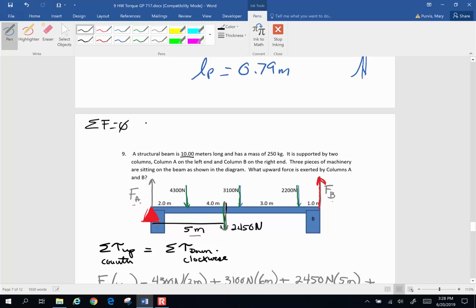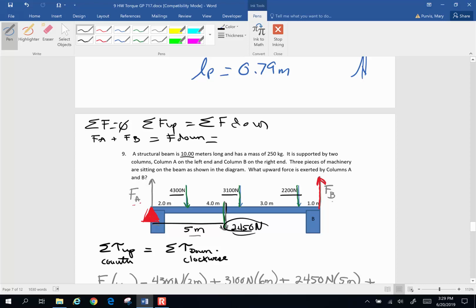So in this case, the sum of the forces up are going to equal the sum of the forces down. My up forces are force A plus force B, equal to all my forces down. Well, all my forces down are 43 plus 31 plus 22 plus 2,450.